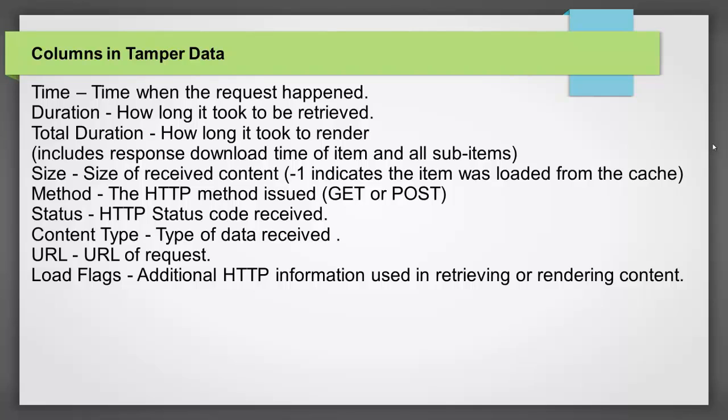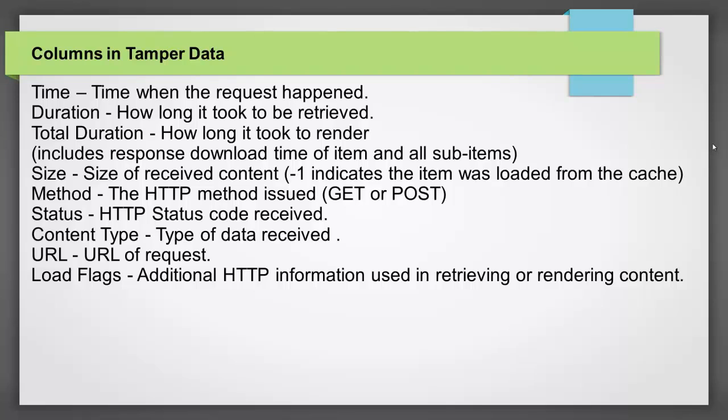The method column indicates the HTTP method issued, whether it was GET or POST. The status column tells us about the HTTP status code that was received. The content type column tells us about the type of data that was received. The URL column tells us more about the URL of the request.